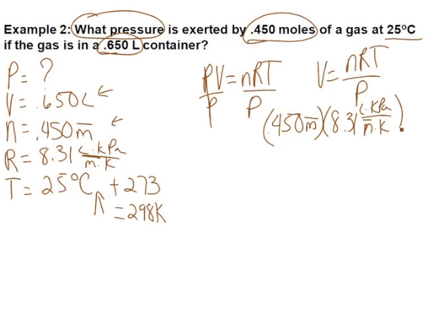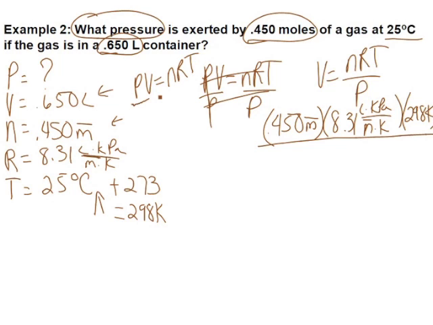Our T is 298 K over our pressure, over our, oops, you know what? We were supposed to solve for pressure. So we need to fix this. We would have divided by V instead. PV equals nRT. So we divide by V on both sides and solve for P. Okay? My mistake.